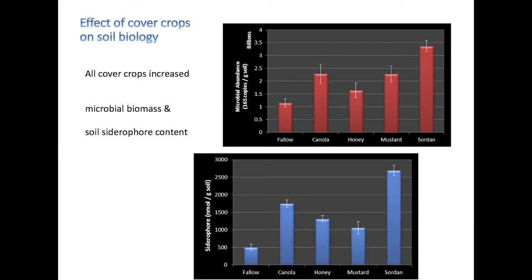The top figure shows an increase in microbial biomass across essentially all of the cover crops, a significant increase. But what is it doing? We also looked at soil activity. This is a colorimetric assay for siderophore activity, and we see a similar pattern: siderophore activity is increasing with cover crops. Well, what does this mean?